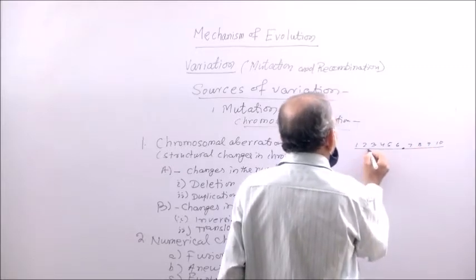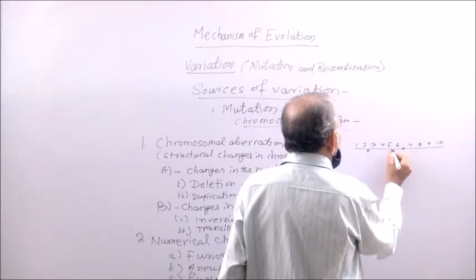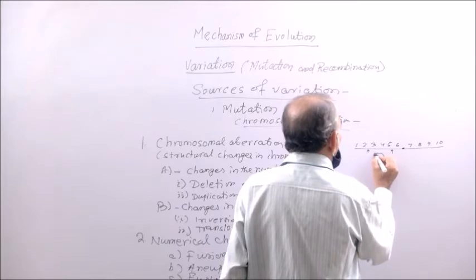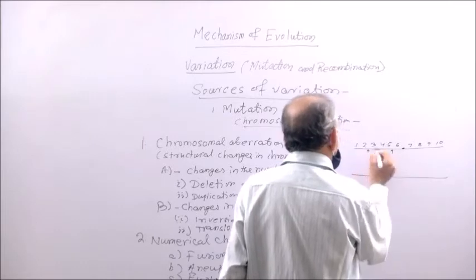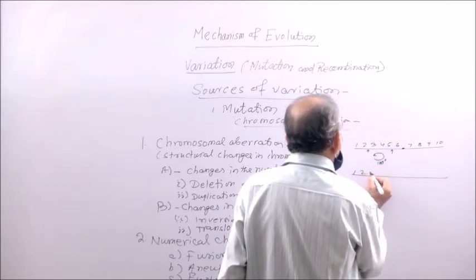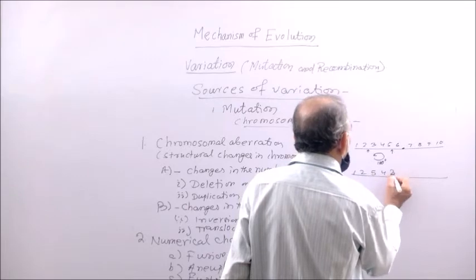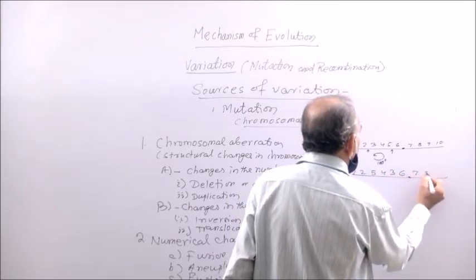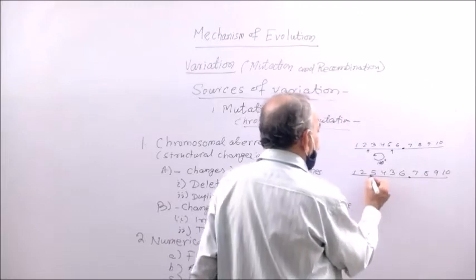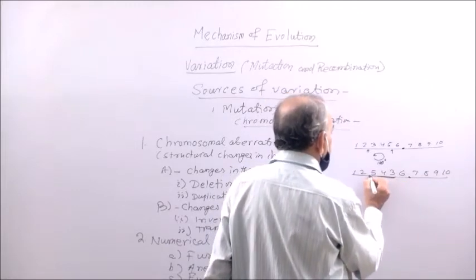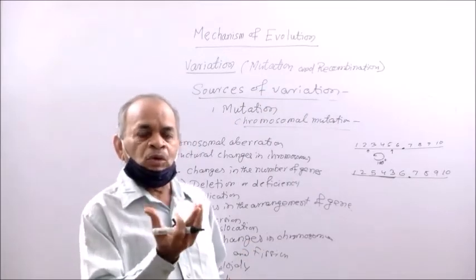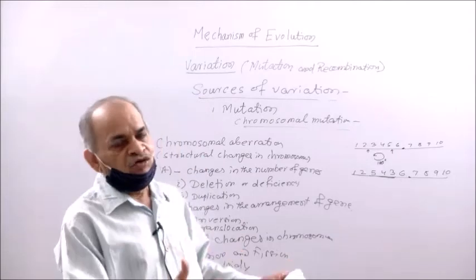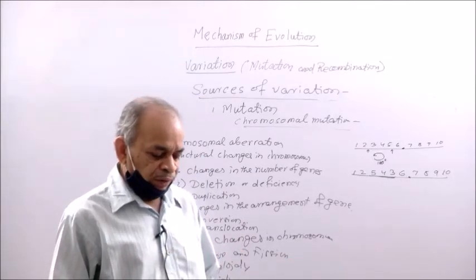Suppose here there is a break, and here there is another break, and this segment rotates through 180 degrees. Then it joins, and the arrangement is 1, 2, 5, 4, 3, 6, 7, 8, 9, 10. So now you can see this region is reversed, rotated. It involves two breaks, then it rotates through 180 degrees, and again it joins. That is known as inversion.